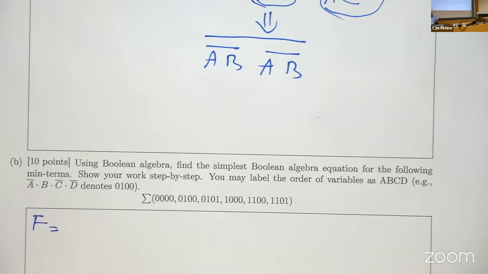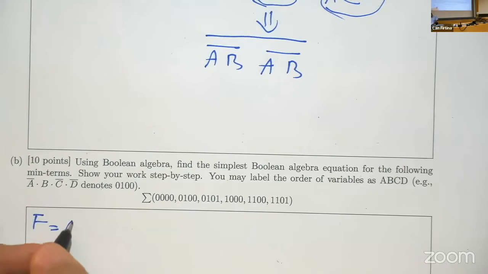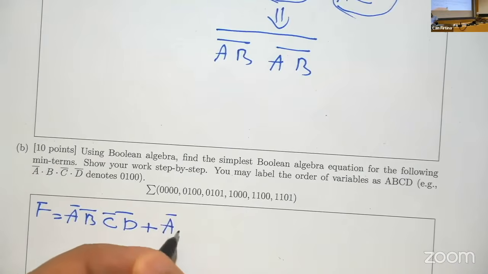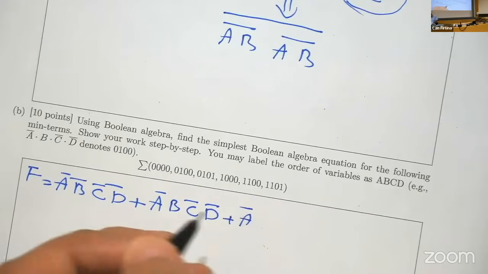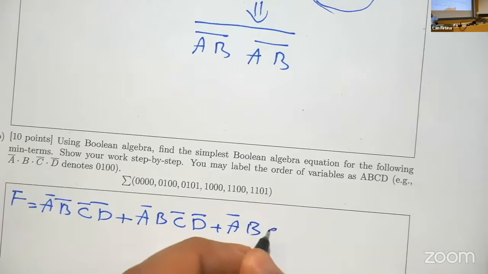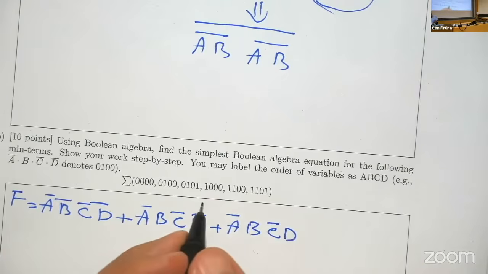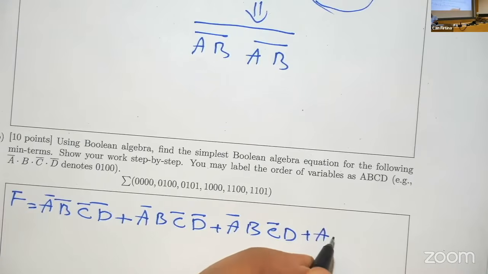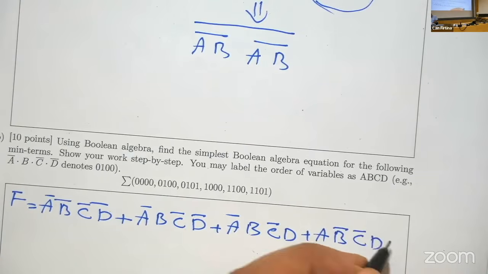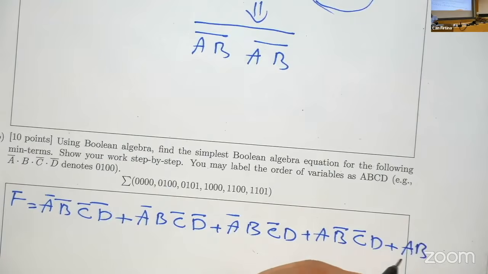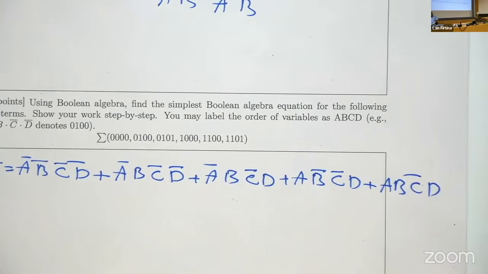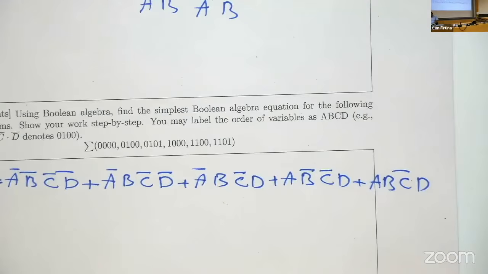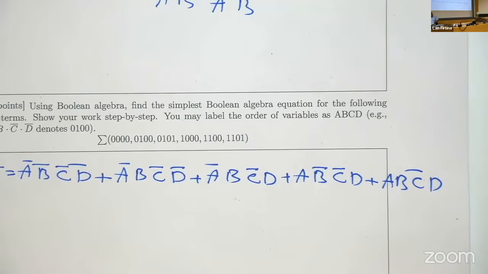The function is based on the min terms that we have here: A bar, B bar, C bar, D bar plus A bar, B, C bar, D bar plus A bar, B, C bar, D plus A, B bar, C bar, D plus A, B, C bar, D. So you need to find common terms and try to factor them out.